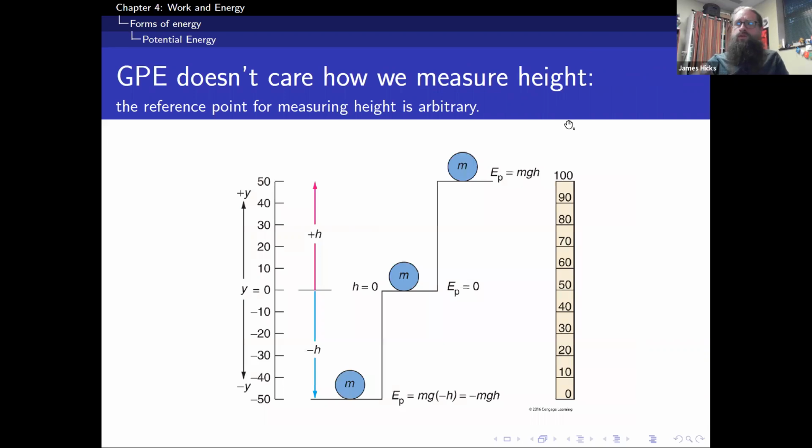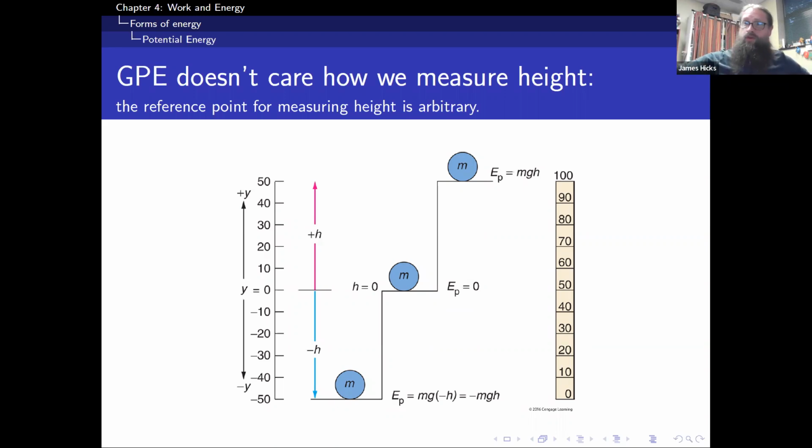We can also choose where we want our reference point or our 0 point to be. Usually, we take our gravitational potential energy to be 0 on the ground. So going up off the ground is positive potential energy. But if you dug a hole, in that case, if it fell into the hole, it would have a negative potential energy.